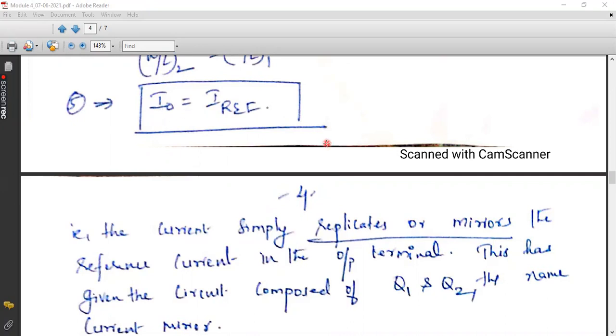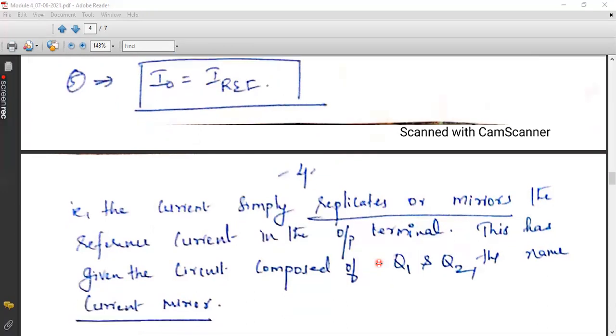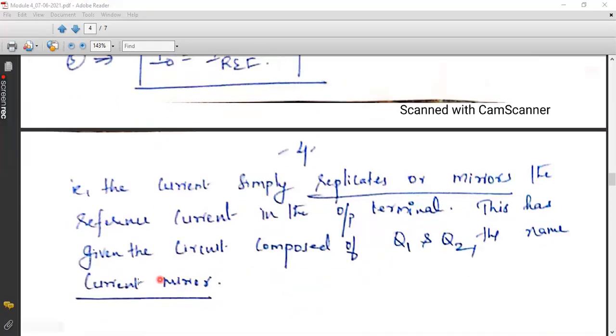So without any modification, I'm replicating the current, or mirroring. Mirror means if you look into the mirror, you will see your face without any change, right? The same thing, you are replicating or mirroring the reference current in the output terminal without any changes. So this is called a current mirror.